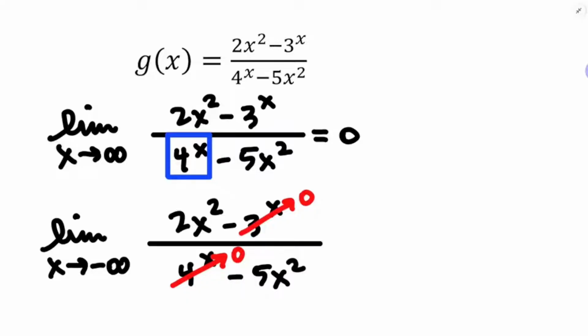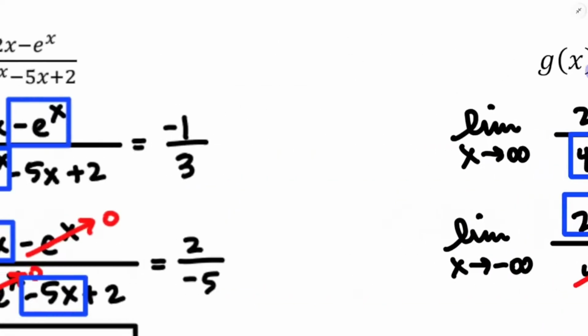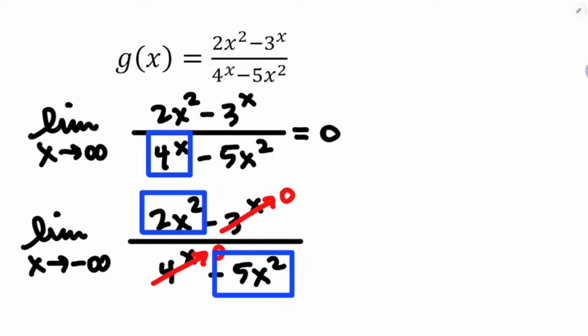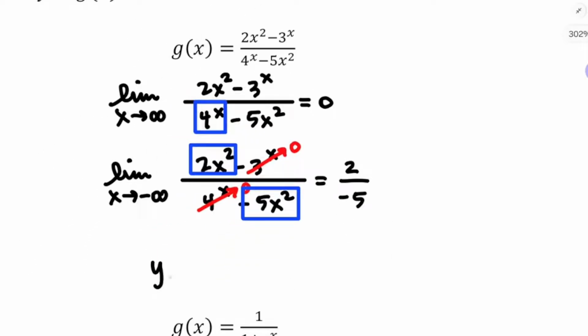And we're left with a square on top and bottom are the things that are growing. So this would be 2 over negative 5 again. Probably I was using copy paste a little too aggressively there. And as a result, my horizontal asymptotes are y equals 0 and y equals negative 2 over 5.